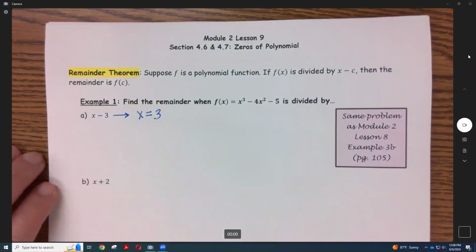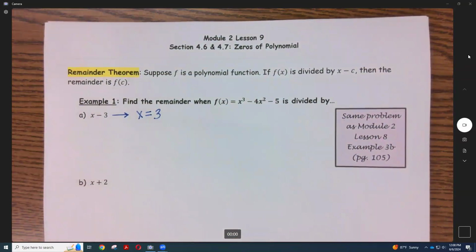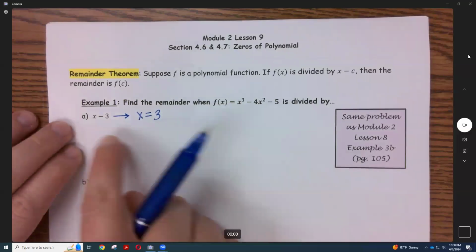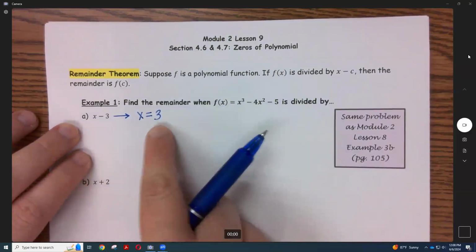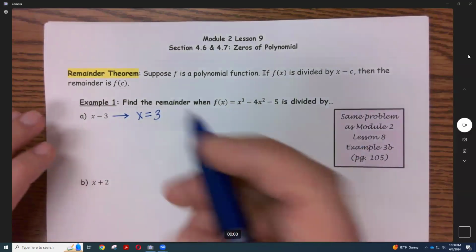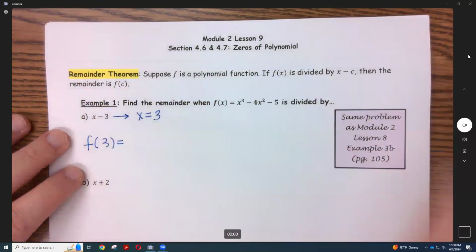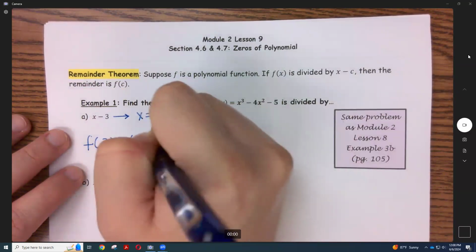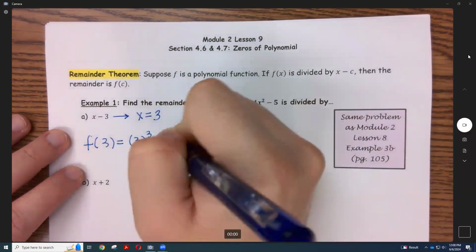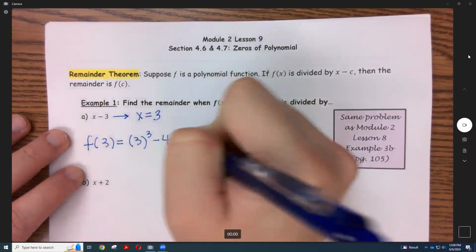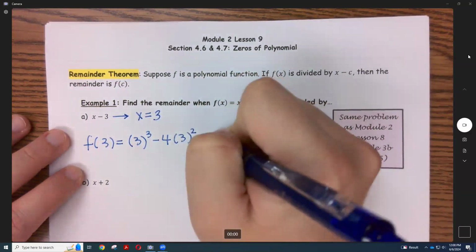Or I guess really the question is, do we have a 0 at 3? So I now need to plug in this 3 to both of these x's here. So we have f of 3 equals 3 cubed minus 4 times 3 squared minus 5.